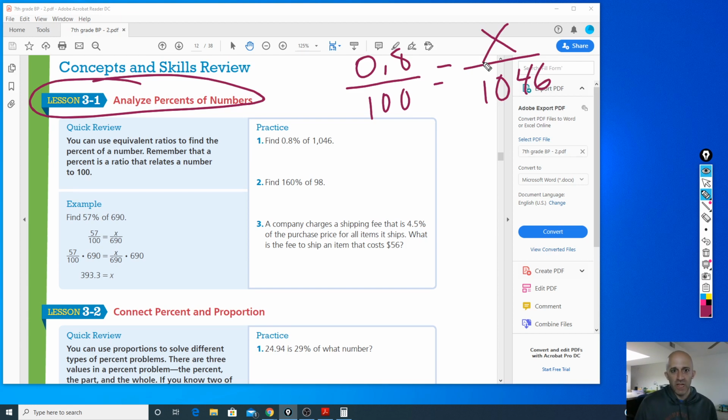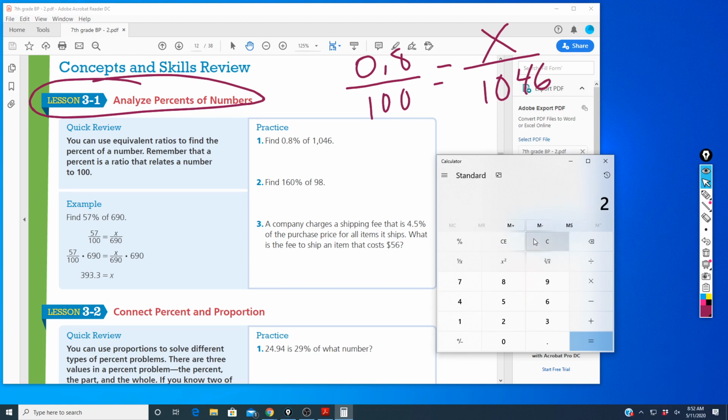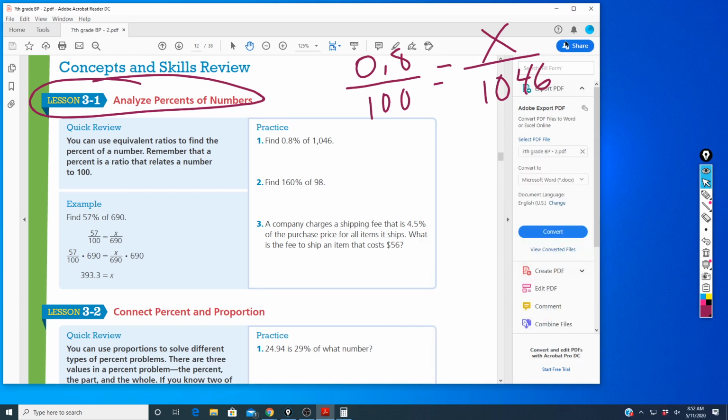You can cross multiply and divide, or the way that they show it here is you can take 0.008 times 1046, which will give you about 8.68, I believe. Tell me if I did that right.